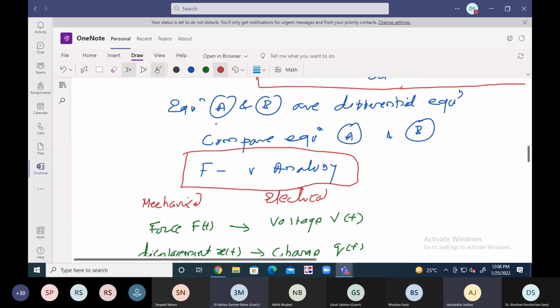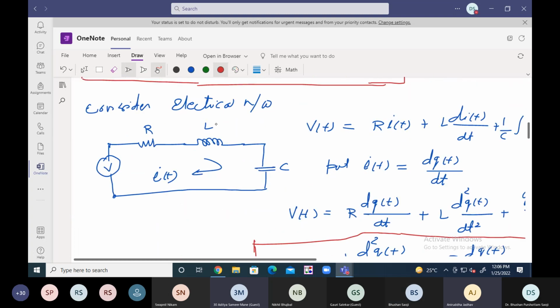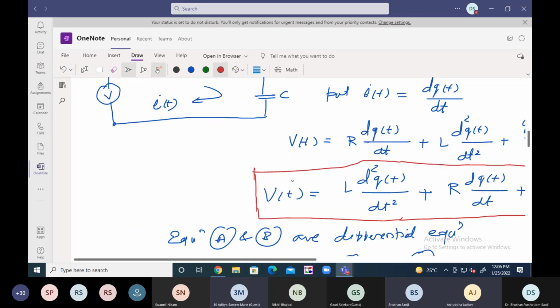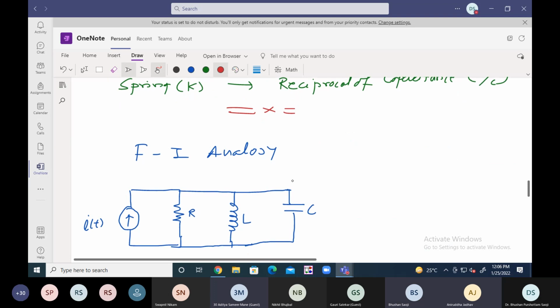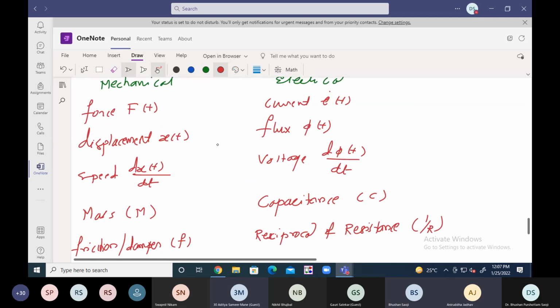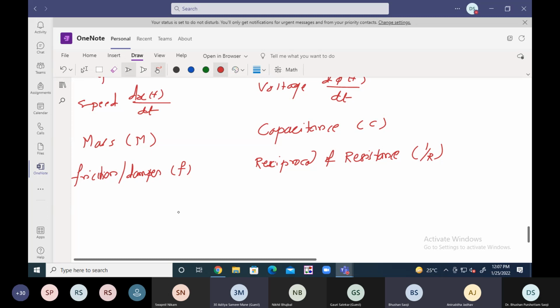See there, in equation A there is F into dx t by dt, that is the second term. Similarly in equation C there is 1 by R d phi t by dt. So F is the friction or damper, it is not a force.